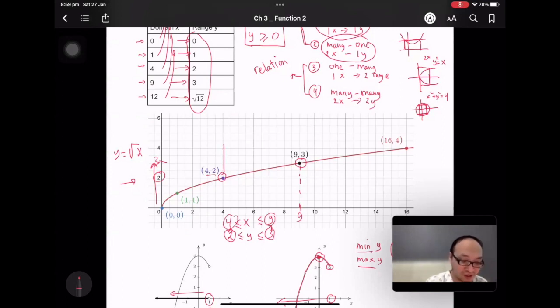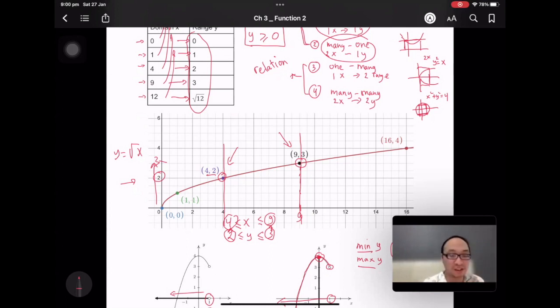So if we draw the border, for a one-to-one function, the range can be taken from the border. We just need to find the values of y at the ends of the domain.